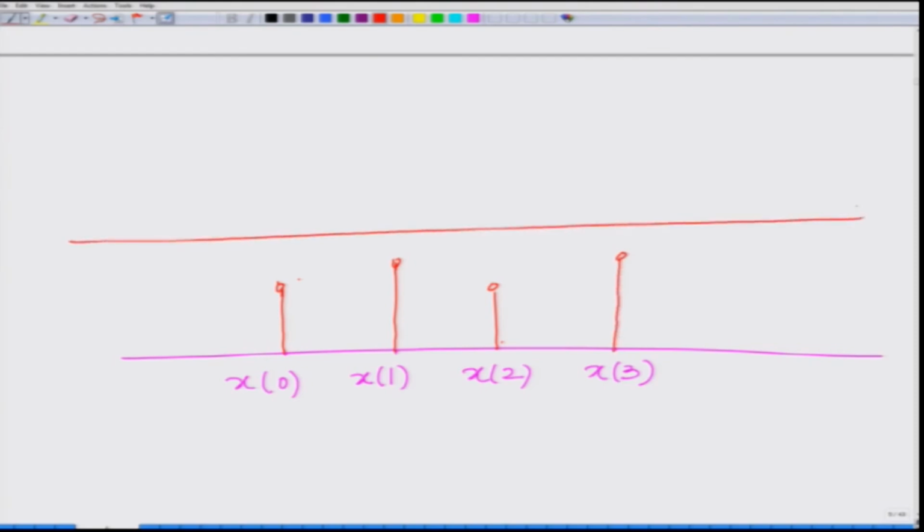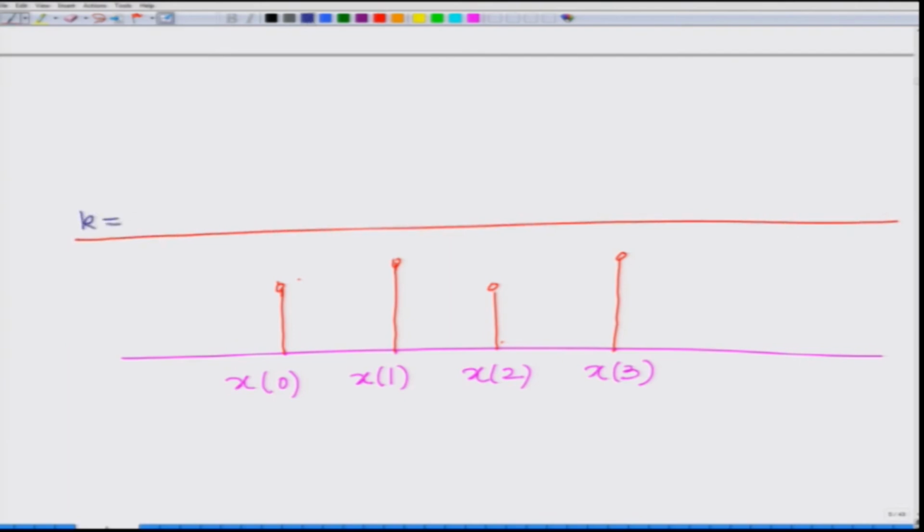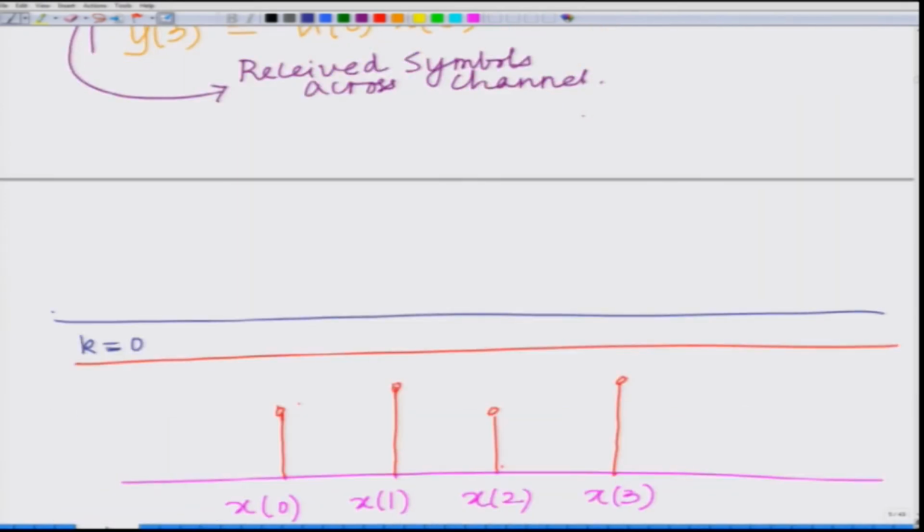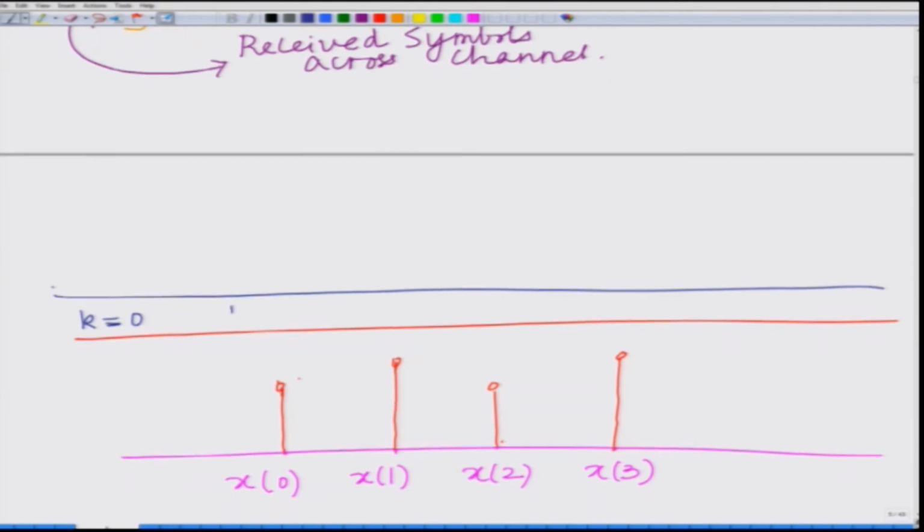Now, look at this, at time k equal to 0, that is for yk, what do we have? If you look at the expression above, you have h0 times x0 plus h1 times x3. So, I can write it as h0 times x0 plus h1 times x3 plus 0 times x1 plus 0 times x2.